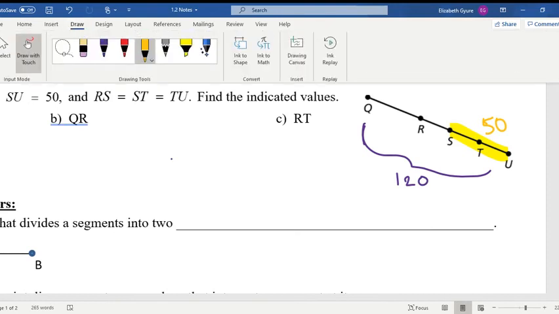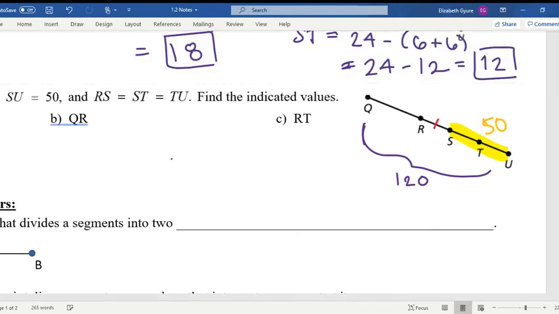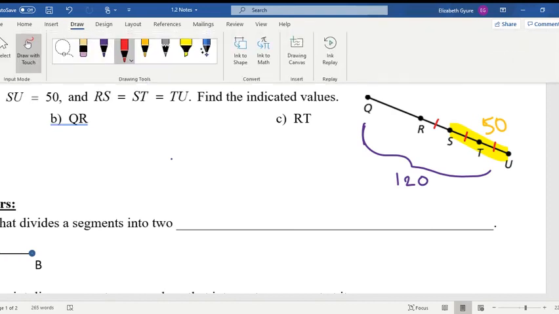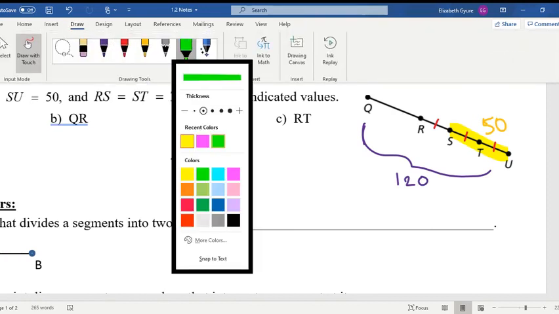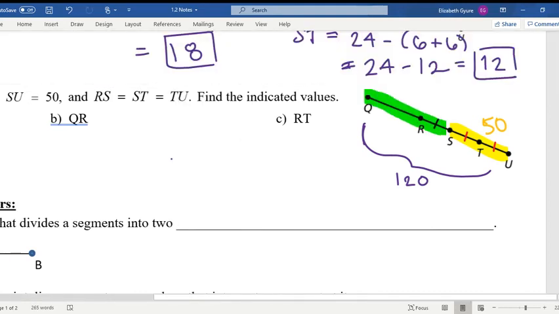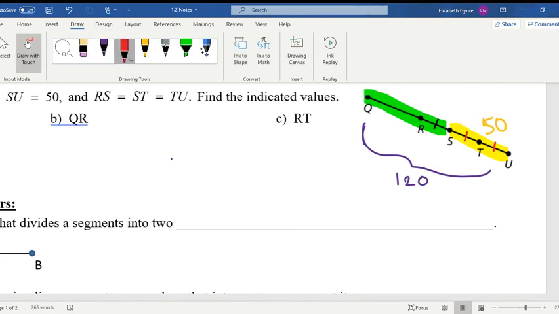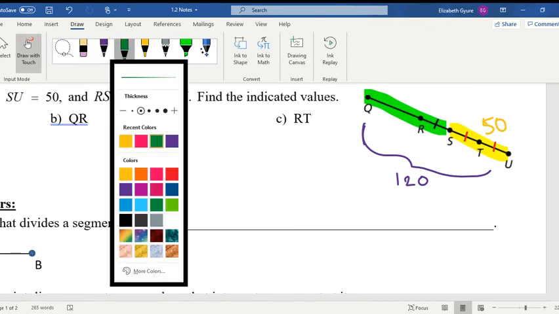If those have the same measurements, then they're going to be congruent. So I'm going to put my little tick marks in this. Now, where you go from here is kind of up to you. The first thing that sticks out to me is that the whole thing is 120, and then one part's 50, which means you can easily subtract to get the other part. So that means from Q to S, if you do 120 minus 50, is going to be 70.